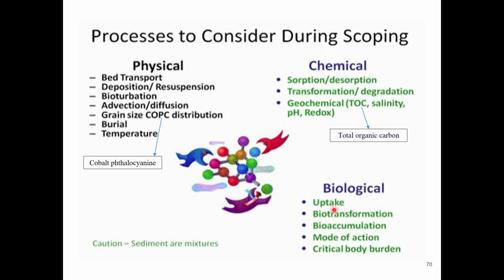And in case of biological, there can be uptake, transformation, bioaccumulation, mode of action, and critical body burden. These are some of the factors which need to be taken into account for scoping or investigation for risk. And sediments are basically mixtures, so there also we have to apply caution. It is not an individual element.